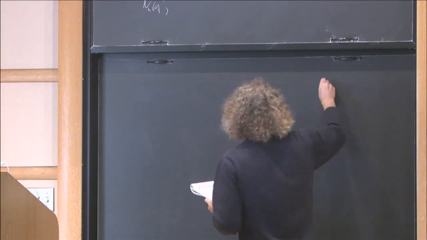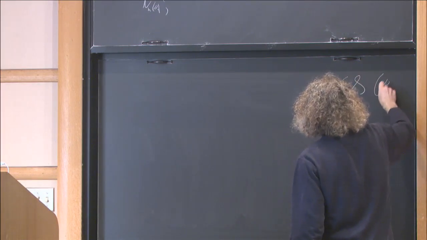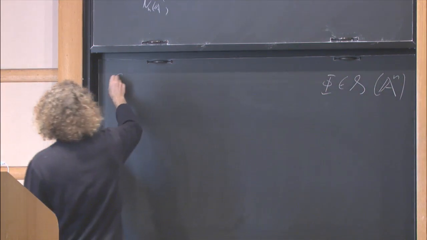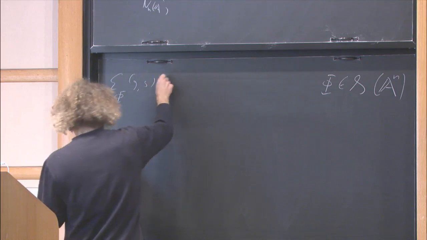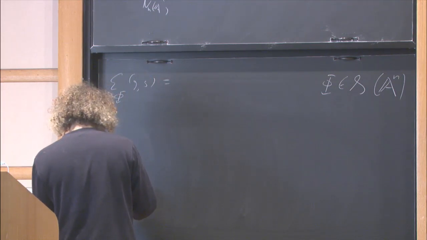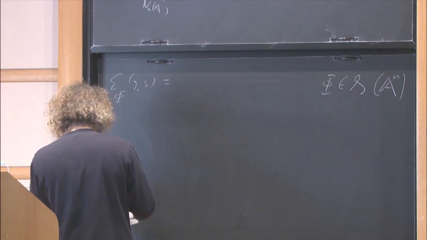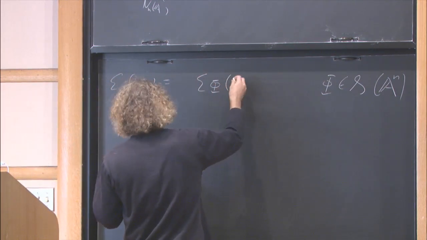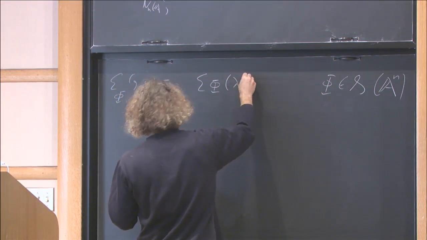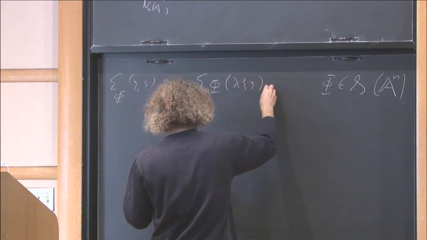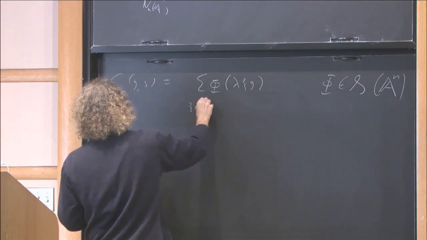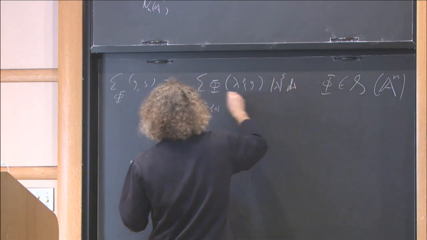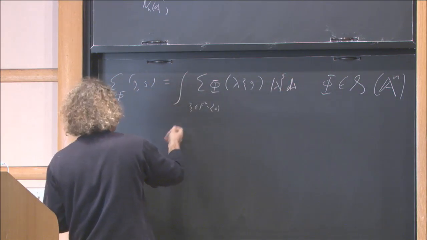So phi is, by the way, a Schwartz-Bruhat function on A^n, and so it should look familiar. It's something like that. Okay. So this is like a theta function or truncated, and then you take the Mellin transform, like Riemann did, and integrate.